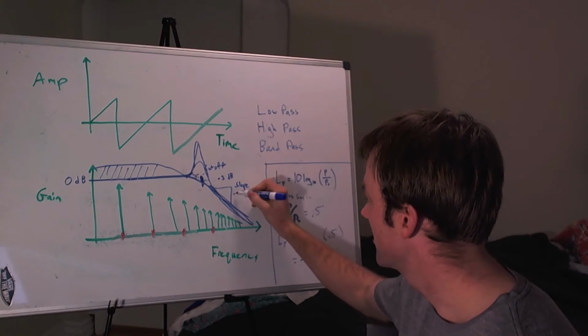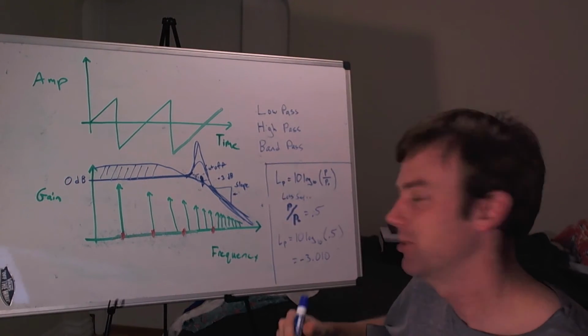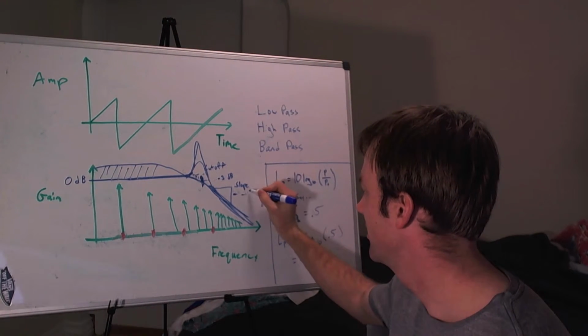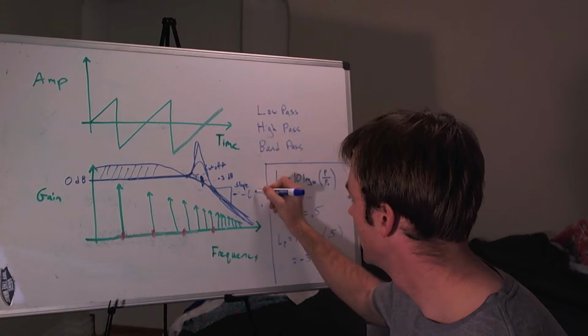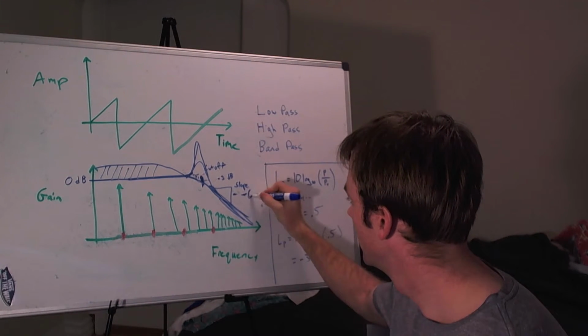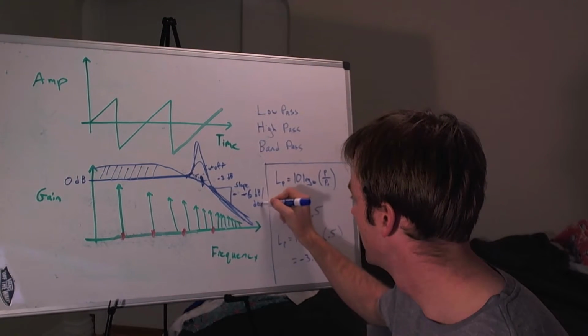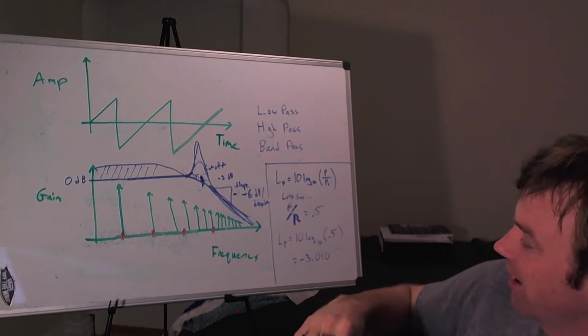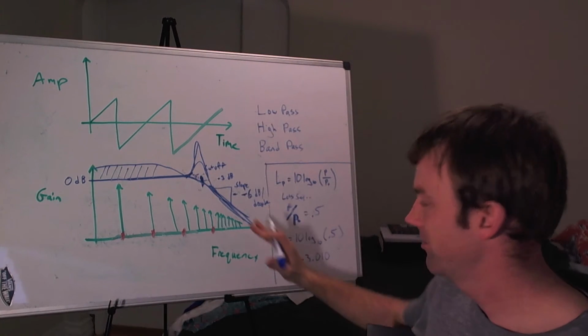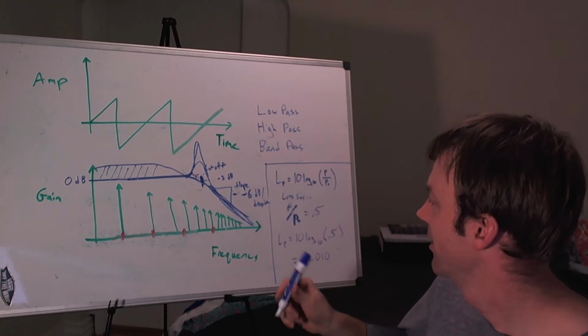So this might be, say, in what's called a single pole filter, a negative 6 dB per decade filter. And that represents the fall off in the low pass filter.